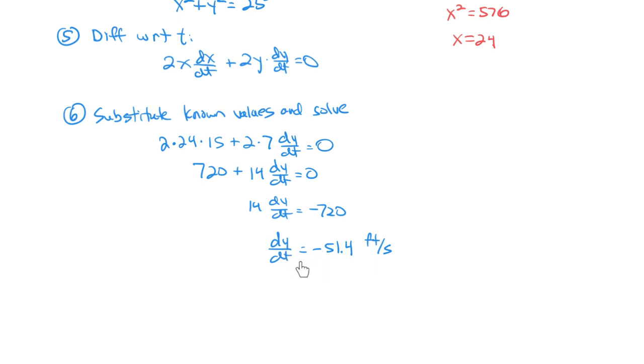So I would say dy dt equals negative 51.4 feet per second. But if I use words, I would say something like the ladder is sliding down the wall at 51.4 feet per second. And the word down takes care of the negative, right? It tells us what's happening with that y. That y is getting smaller because the rate of change is negative because the ladder is sliding down the wall.